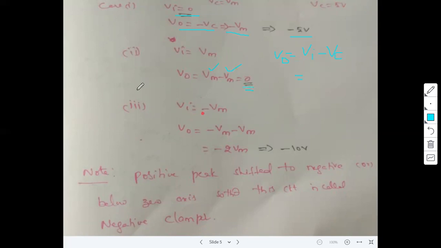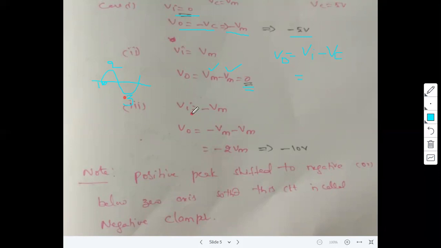Now Vi is equal to minus Vm. Here there are three cases. The first case is Vi equal to 0, the second case is Vi equal to Vm, and the third case is Vi equal to minus Vm.